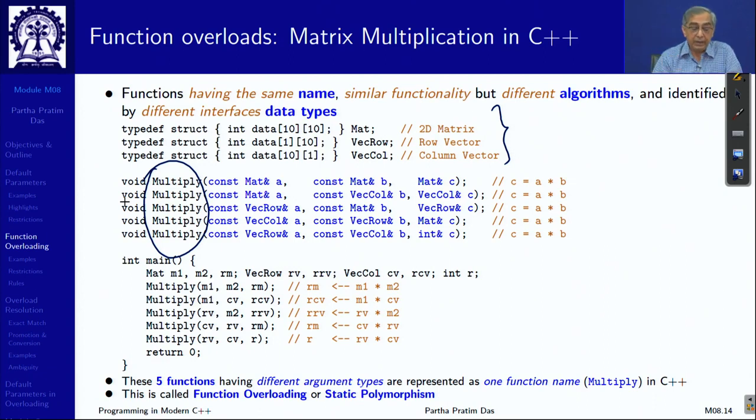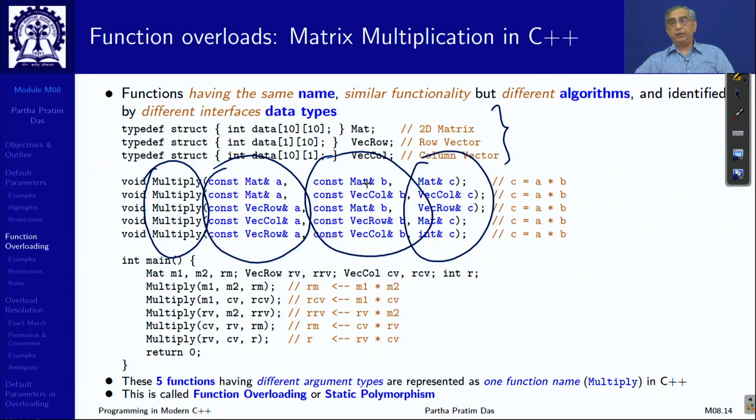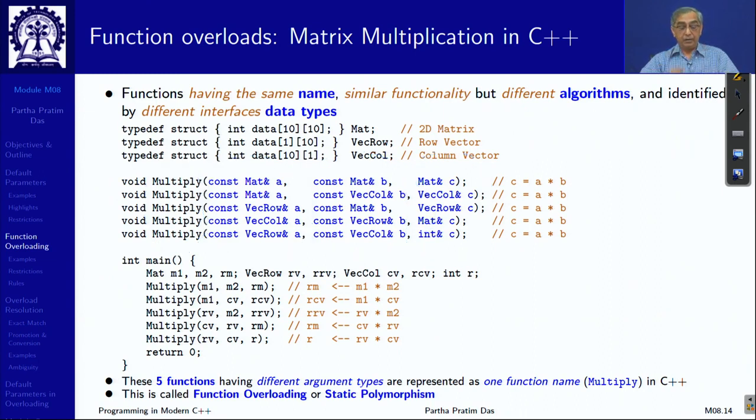C++ allows that, and since we are in C++, now your inputs are all const references, whereas your output is a non-const reference, because certainly you do not want to copy matrices and do not want the input matrices to change because of the algorithm.